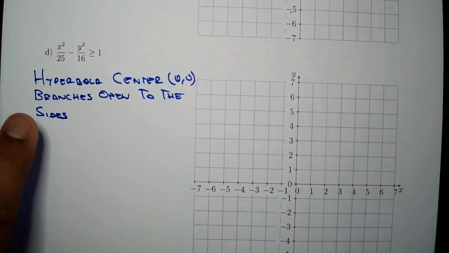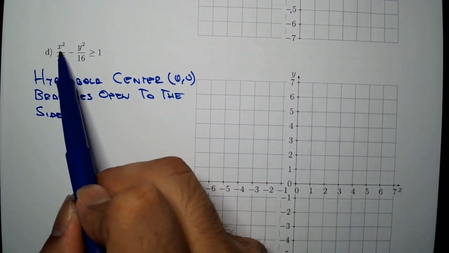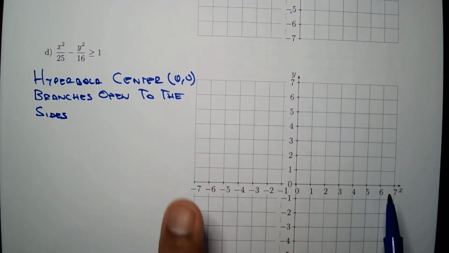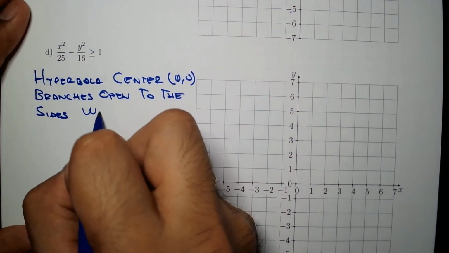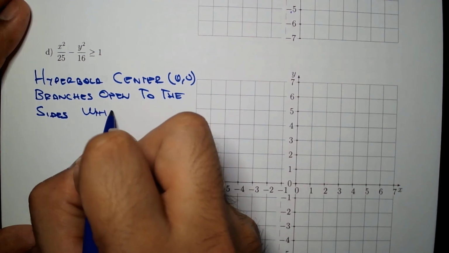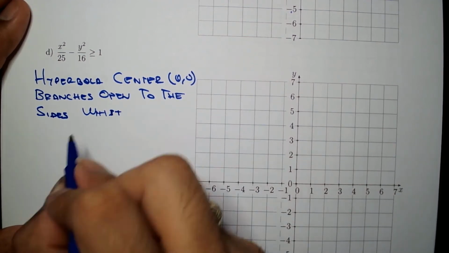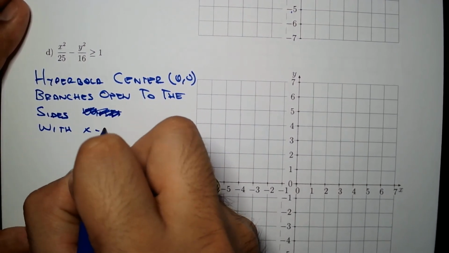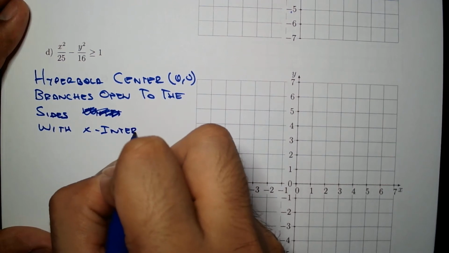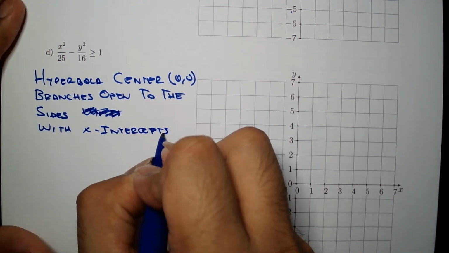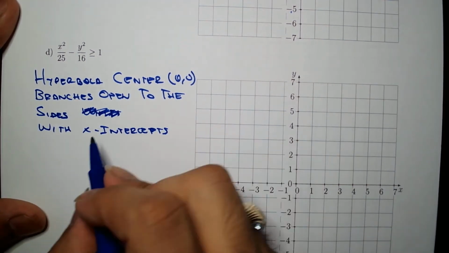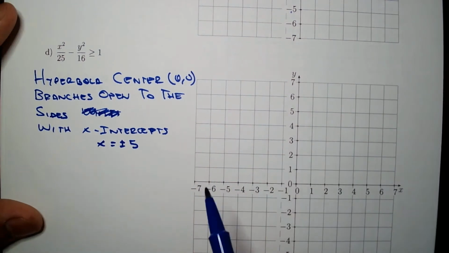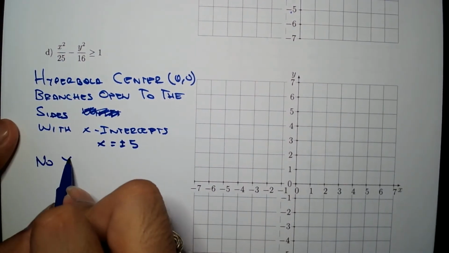How do we know that the branches open to the sides? Because it's the variable x that has the positive sign. That's the one that opens to the sides. With x-intercepts, the x-intercepts go, in this case, x equals plus or minus 5. In this case, no y-intercepts.